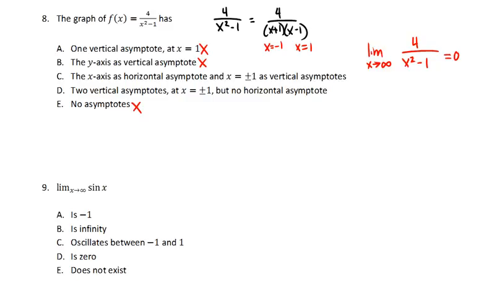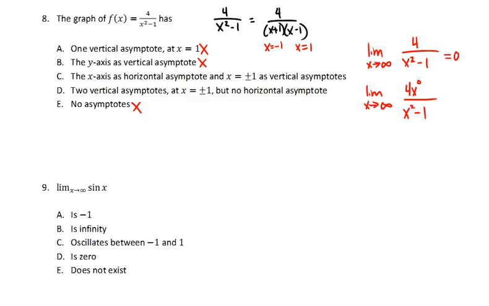Since there's no x in the numerator, it might be confusing. But without an x there, we can always assume there is a 4x to the 0 power, which is just 4 times 1 in the numerator. So the numerator really has a degree of 0 and the denominator a degree of 2. When the degree of the denominator is larger, the horizontal asymptote will always be 0.